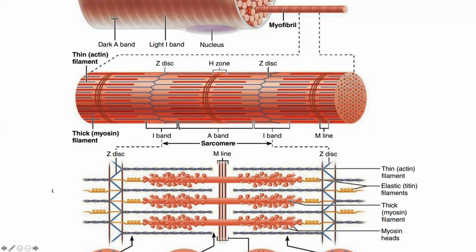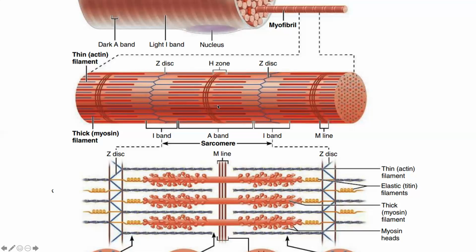If you look at the I band area, in the I band area we only have actin, and therefore it is light color. The way I try to remember is I is a small, very thin structure, and in thin structure we only have thin actin.